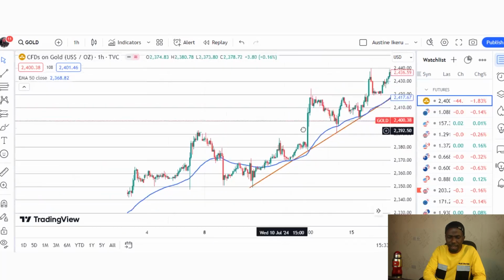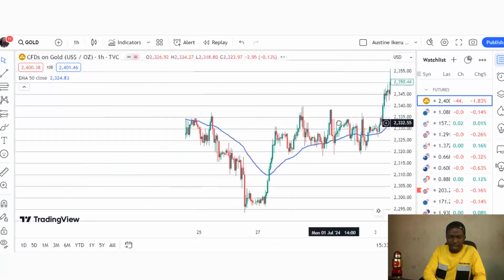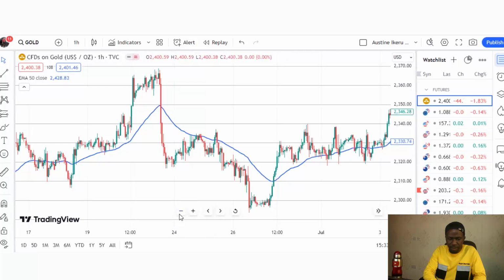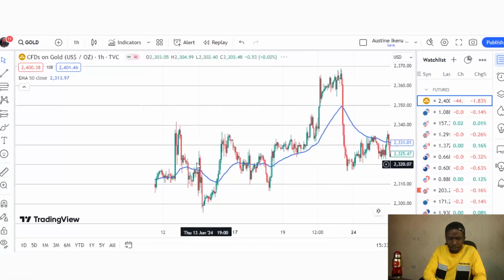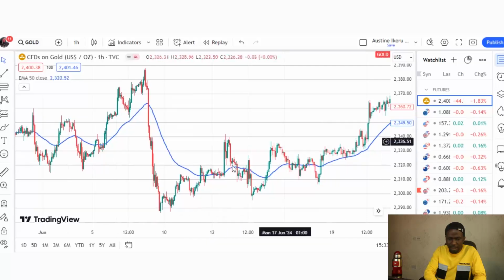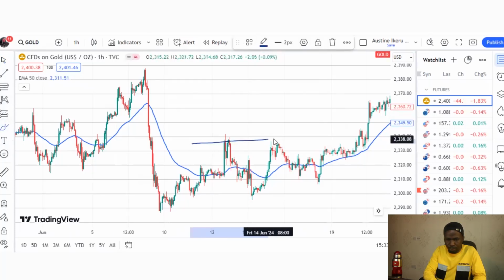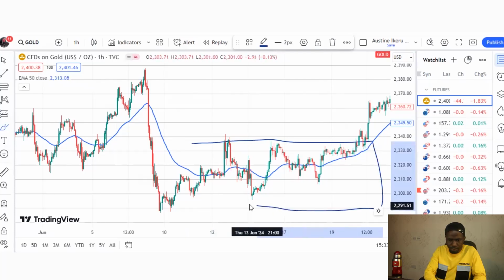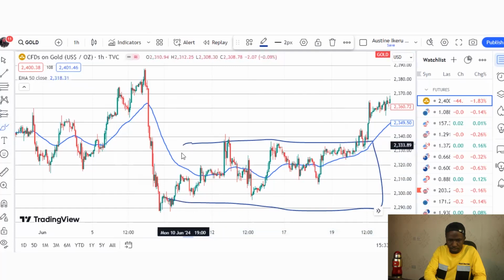So let's now search for a sideways market for you to understand what I'm talking about. So here is a sideways market. This is a ranging market. You can clearly see that in this scenario the price is ranging, right?